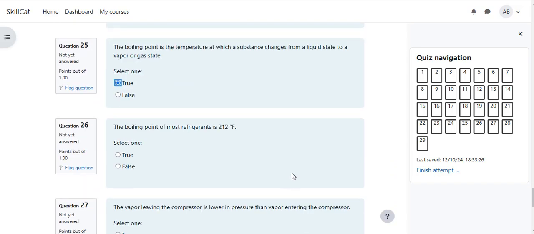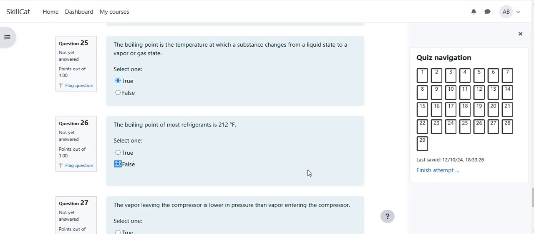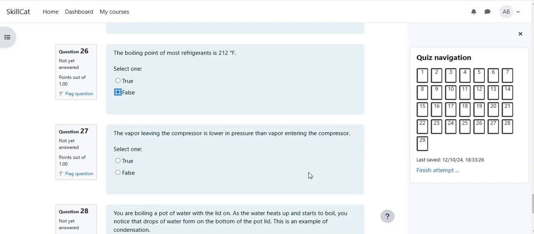The boiling point of most refrigerants is 212 Fahrenheit. False. The vapor leaving the compressor is lower in pressure than vapor entering the compressor. No.